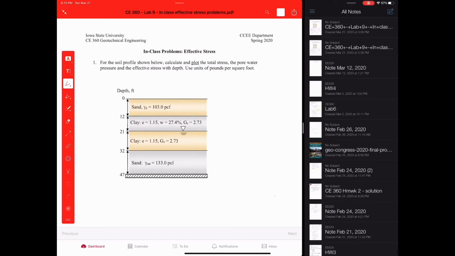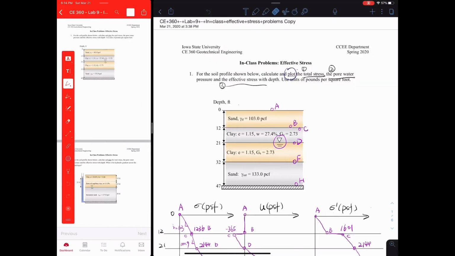For the soil profile shown below, calculate and plot the total stress, the pore water stress, and the effective stress with depth. Use units of pounds per square foot. So in order to simplify this question, I'd like to put several points, which is very important.